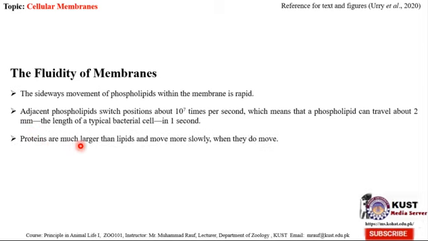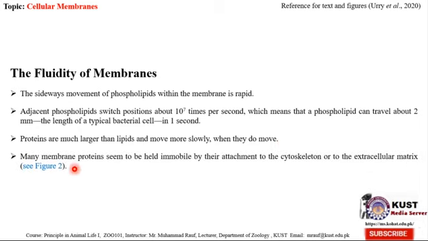Proteins are much larger than lipids and move more slowly when they do move. Therefore, in the previous slides, we said that the proteins are somewhat permanent structures that reside at specific locations because their large size hampers their free movement in a lipid bilayer. Many membrane proteins seem to be held immobile by their attachment to the cytoskeleton or to the extracellular matrix.